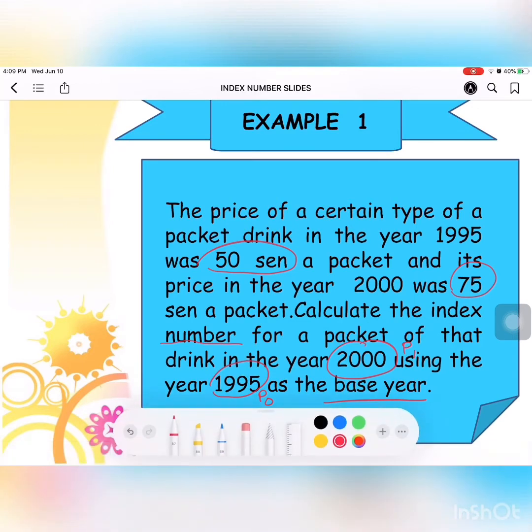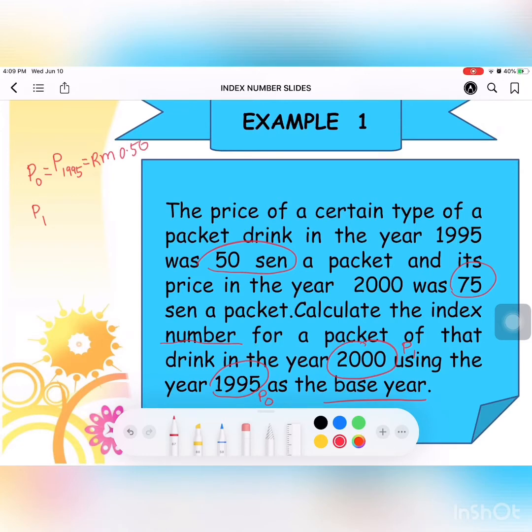You need to understand which one is P0 and which one is P1. As I mentioned earlier, P0 is the price in 1995, which is 50 cents.